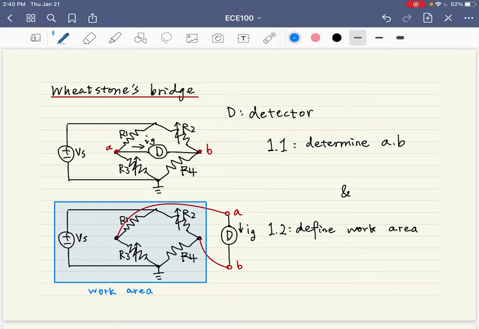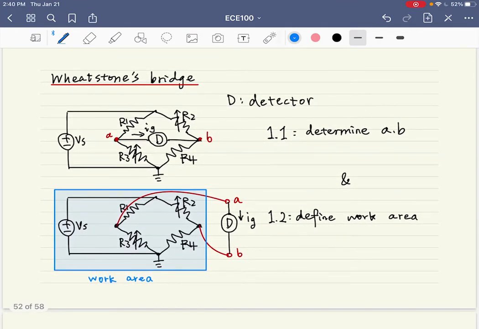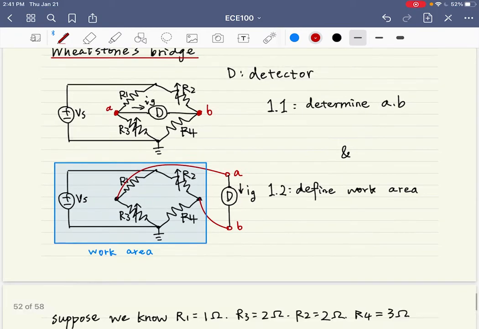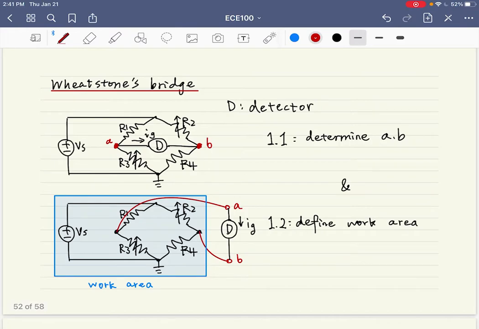So let's come to the Wheatstone bridge and follow the steps as an example. A Wheatstone bridge is a circuit used to measure an unknown resistance. When its four resistances are in a specific ratio, the requirement is satisfied and the bridge will be balanced.